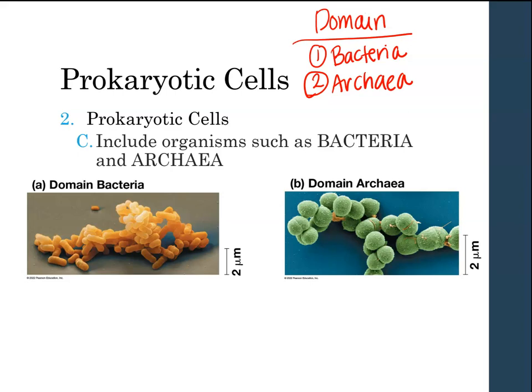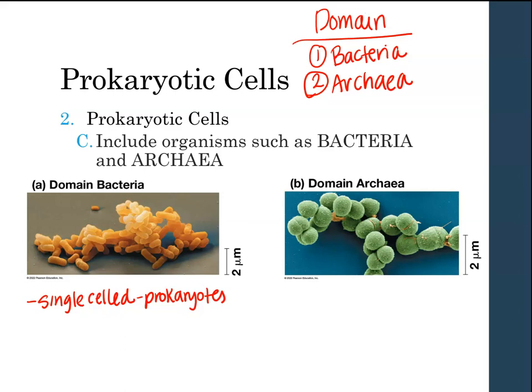Those are our 2 prokaryotic cell domains. So bacteria, as I said, those are things that you are familiar with. They are single-celled prokaryotes, which means that they don't have any organelles, but they still have the plasma membrane and the DNA.